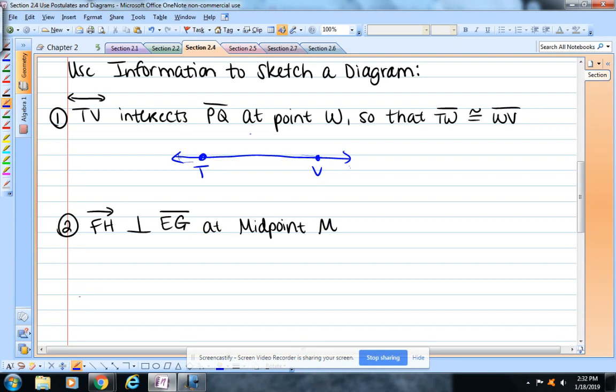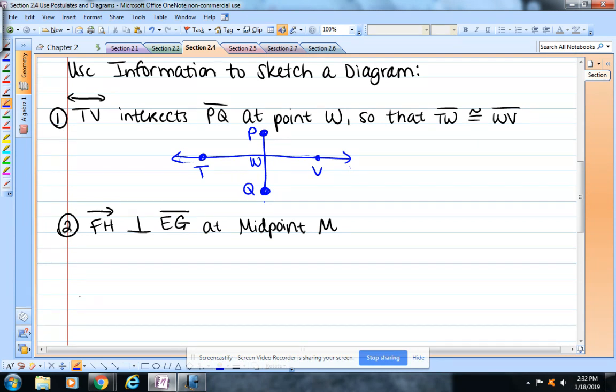So I got a segment PQ intersects that line at what point? W. So this place they intersect is at W.